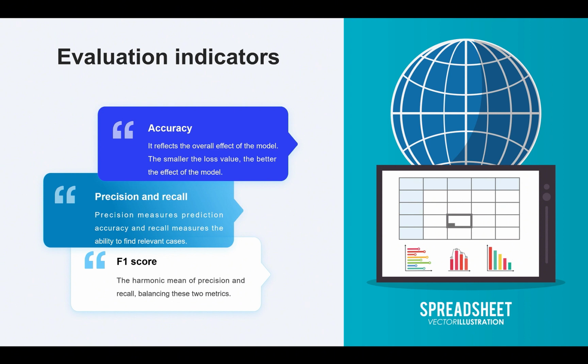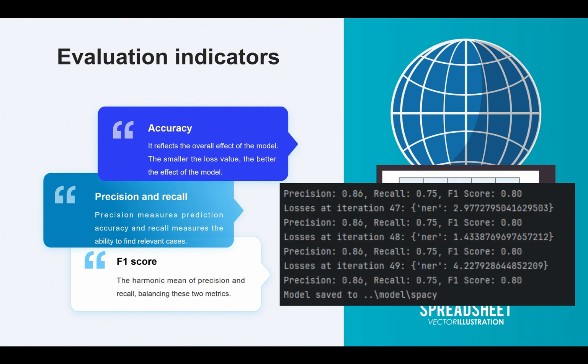Precision measures the accuracy of predictions, for example, how many of the predicted labels were correct, while recall measures the model's ability to find all relevant cases, how many of all relevant labels the model successfully predicted.